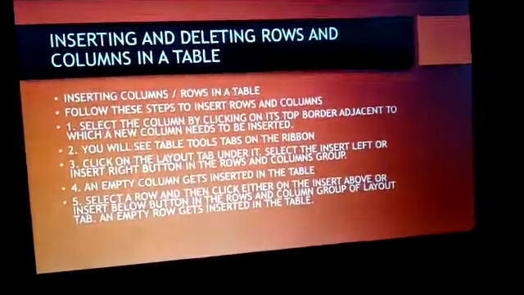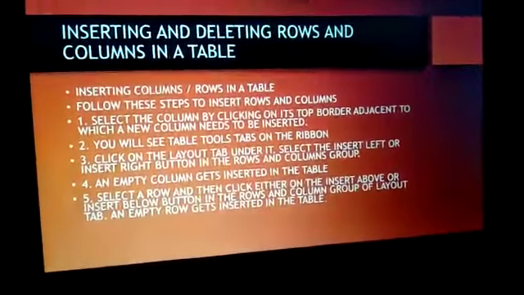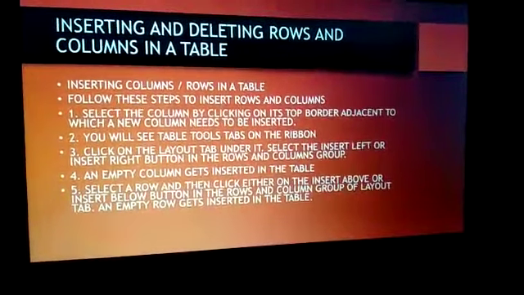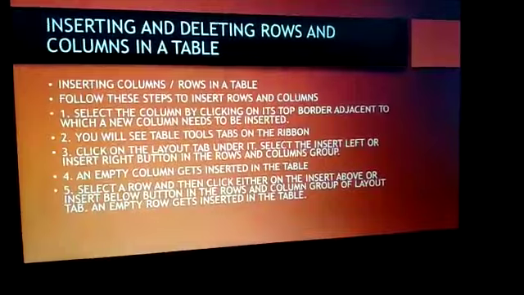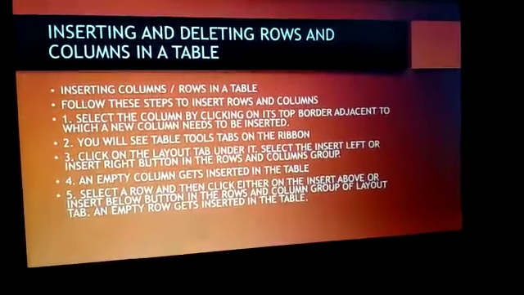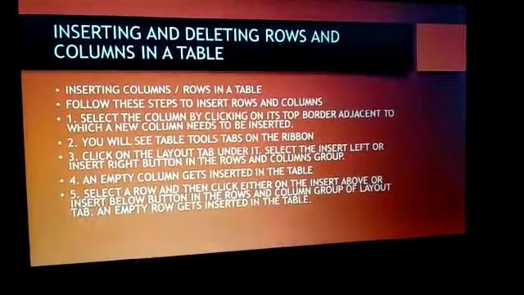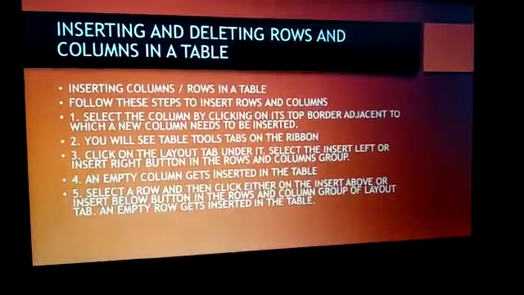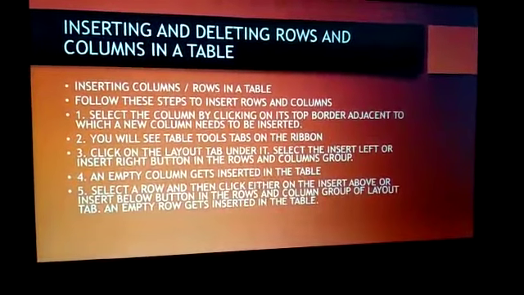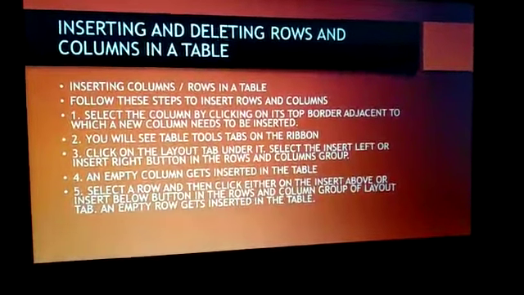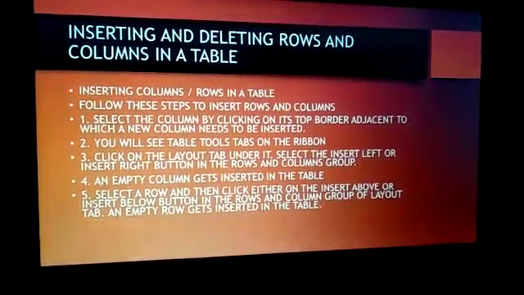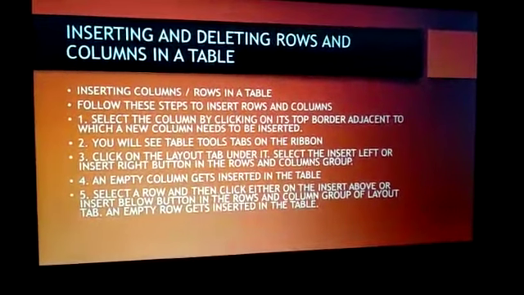So next, inserting and deleting rows and columns in a table. To insert columns or rows in a table, these are the steps. Select the column by clicking on its top border adjacent to which a new column needs to be inserted. You will see the table tools tab on the ribbon.